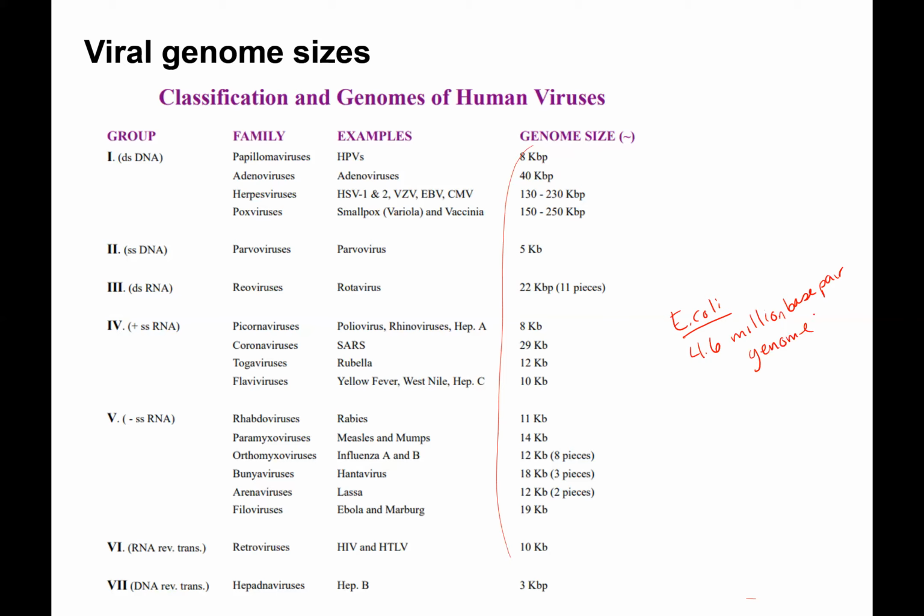Okay, you can see these are in the kilobase pairs, so much smaller. Humans, our genome is about 3 billion base pairs.